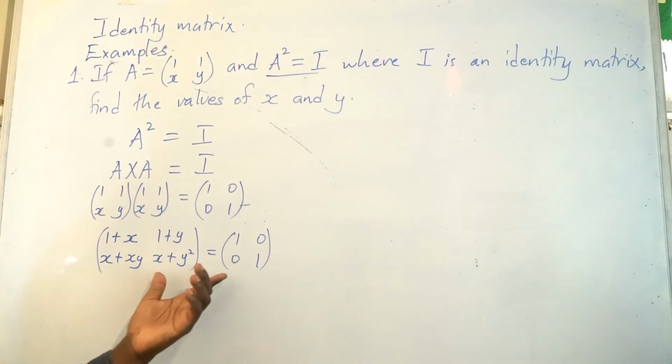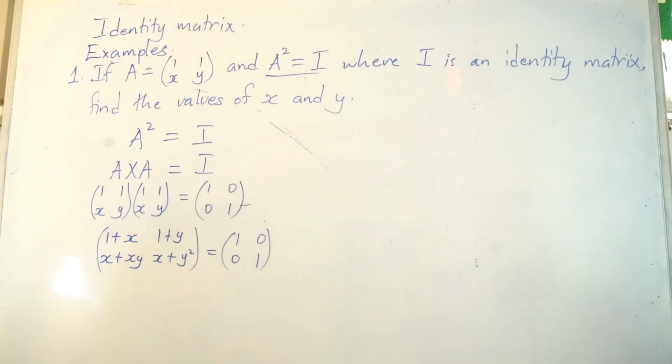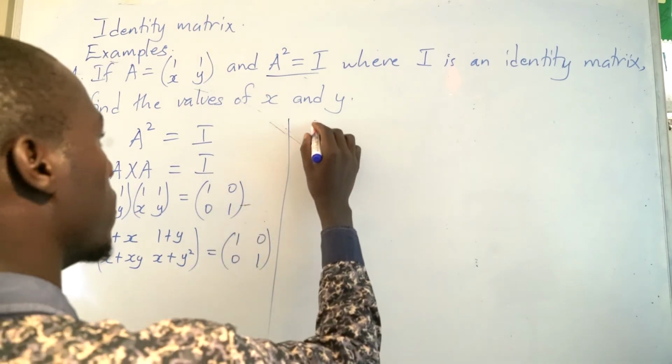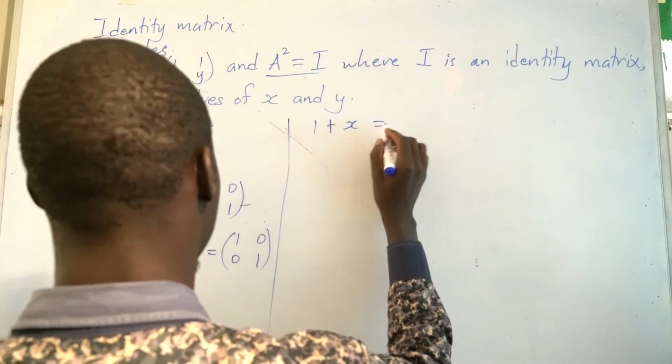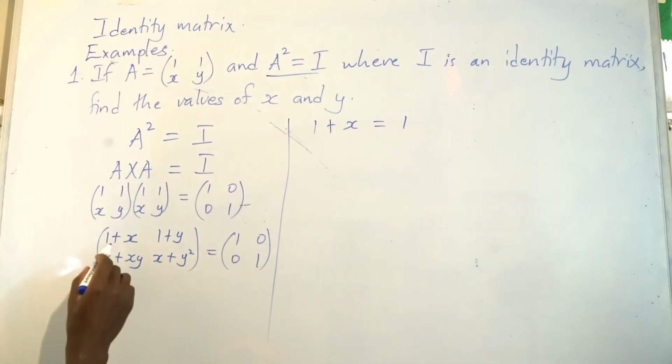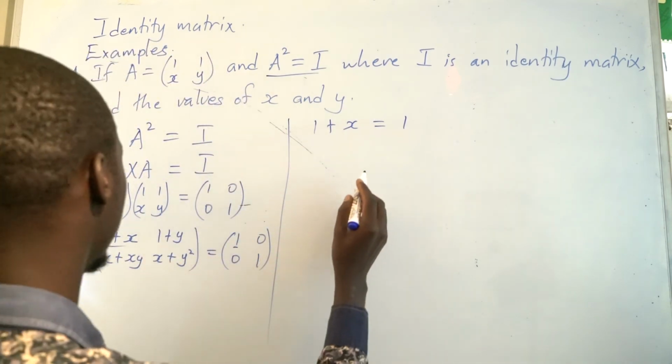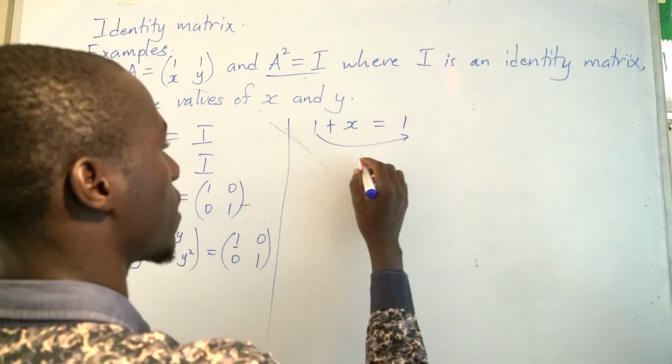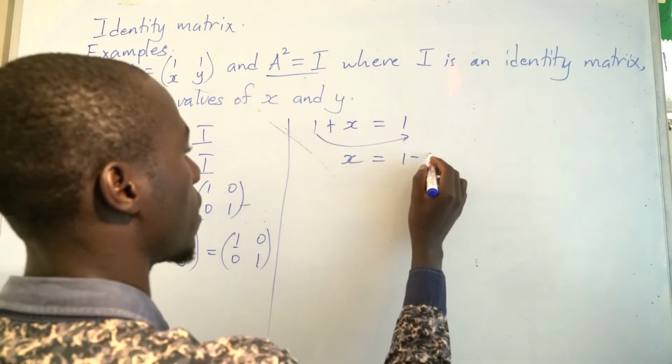Then I'm having two matrices and they are equal to each other, and we said the corresponding elements should be the same. So I'm having my 1 plus x is equivalent to the 1. This one here is equivalent to that. So I take the 1 to the other side. x is equivalent to 1 minus 1.